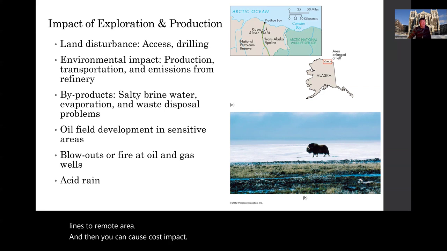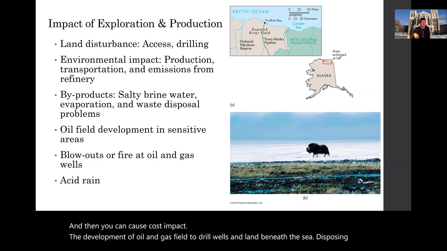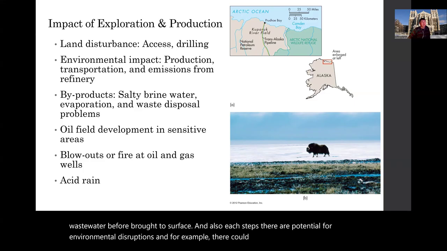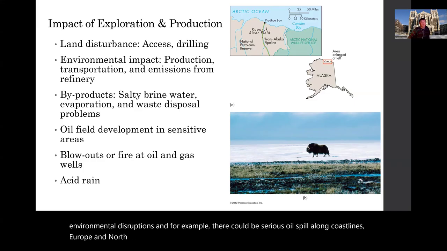The development of oil and gas fields, drilling wells on land and beneath the sea, and disposing wastewater brought to the surface. Each step has potential for environmental disruption. For example, there could be serious oil spills along the coastlines of Europe and North America. It can spoil beaches, estuaries, harbors, kill marine life, and so forth.